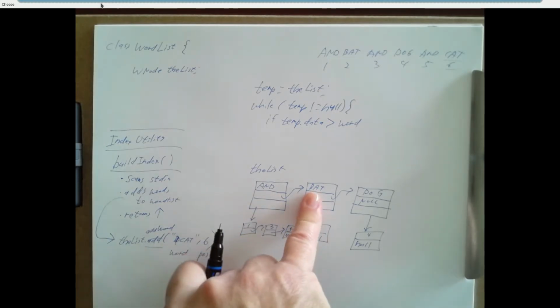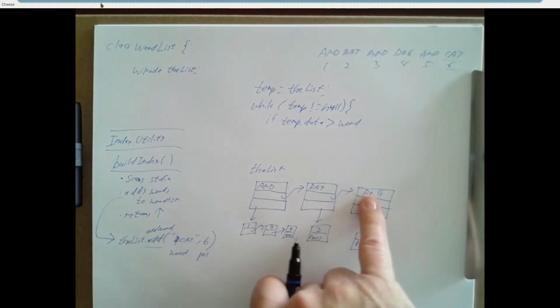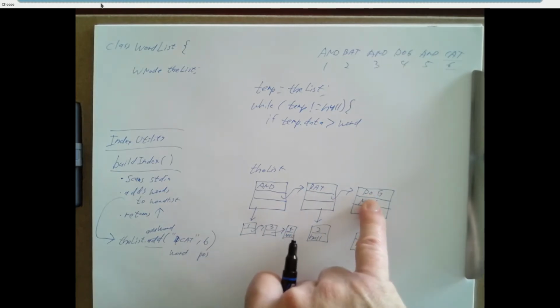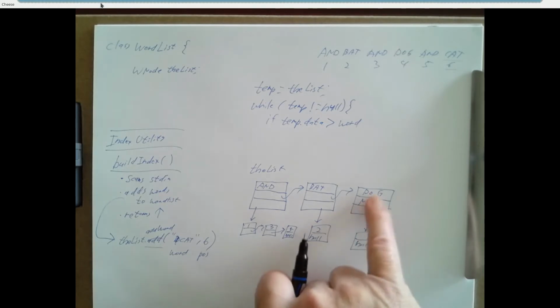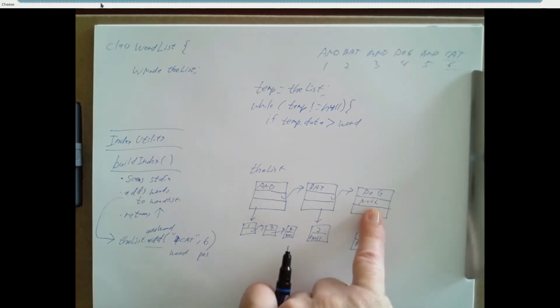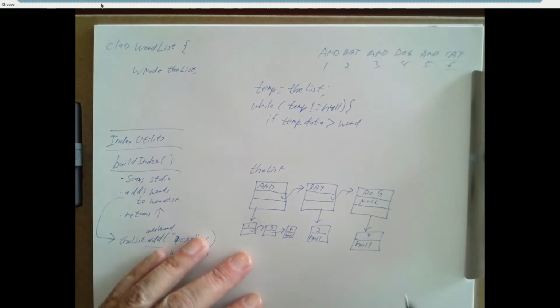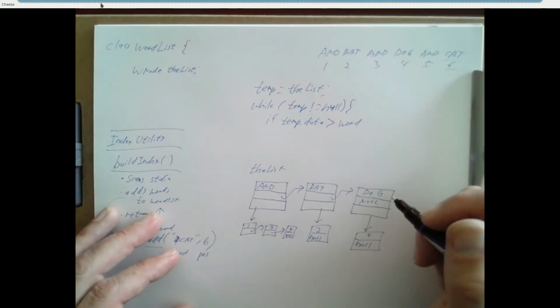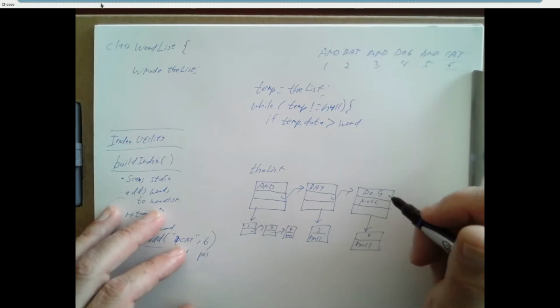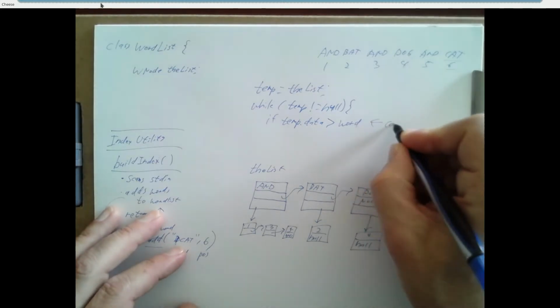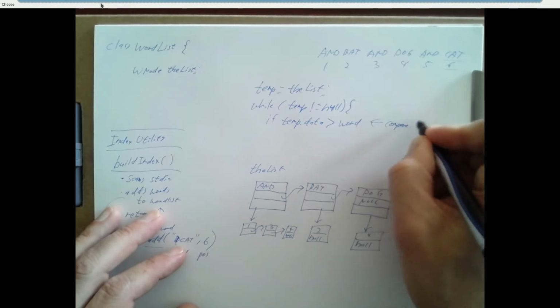Bat comes before cat, so we don't want to insert before there, but eventually temp is going to be this node here, and we're going to say dog is after cat. So we want to insert before this node. So this is alphabetizing them, or keeping them in alphabetical order. So this is a compareTo, or whatever it gives us.